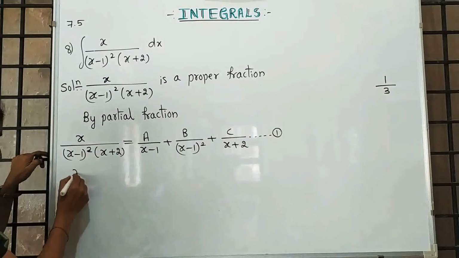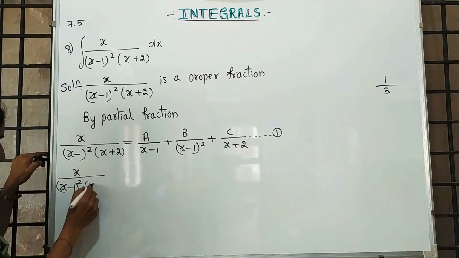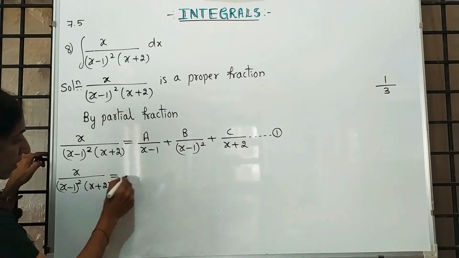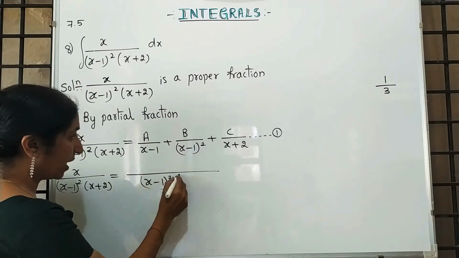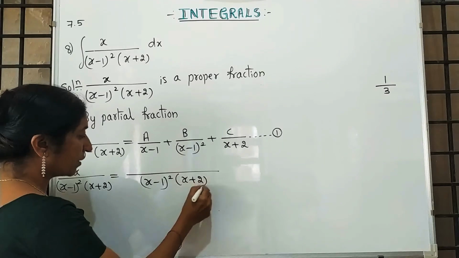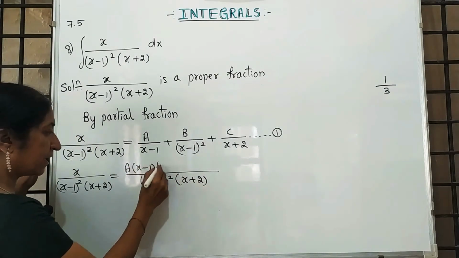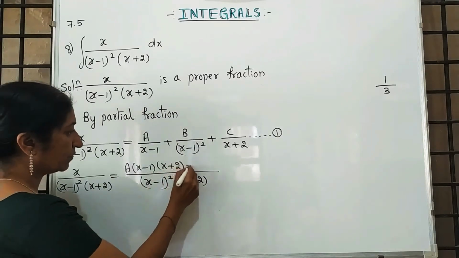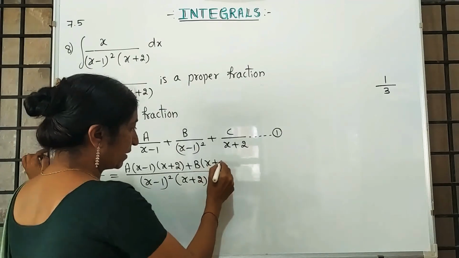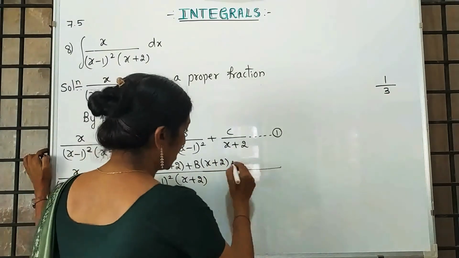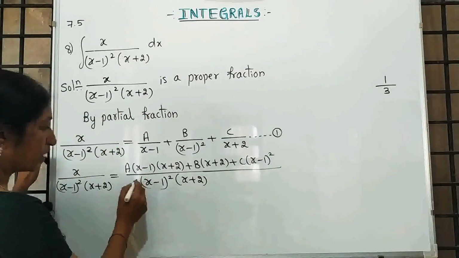Keep the left side as it is, x upon x minus 1 whole square into x plus 2. Take the LCM on right side, x minus 1 whole square highest term and x plus 2. With a only one term is there, one more is multiplied here into x plus 2, plus b, with b highest term is there multiplied with x plus 2, and c it is multiplied with x minus 1 whole square.